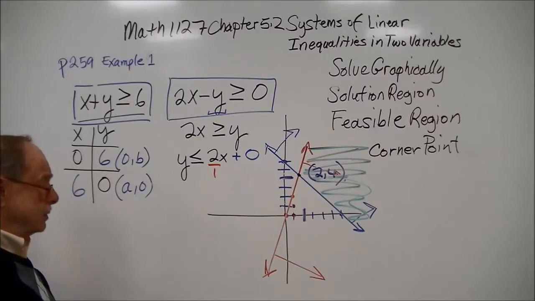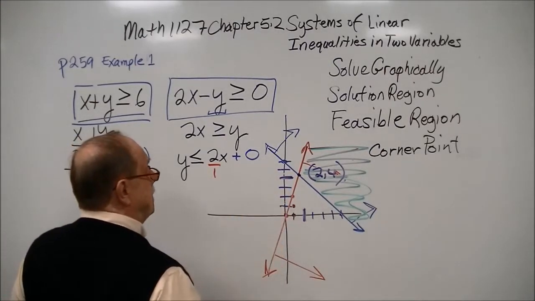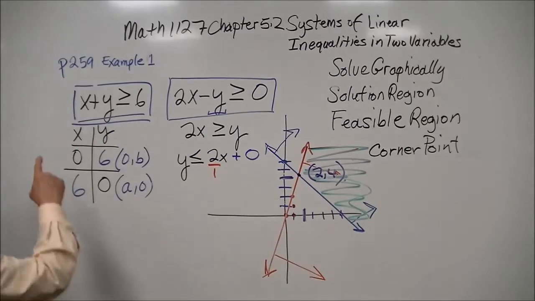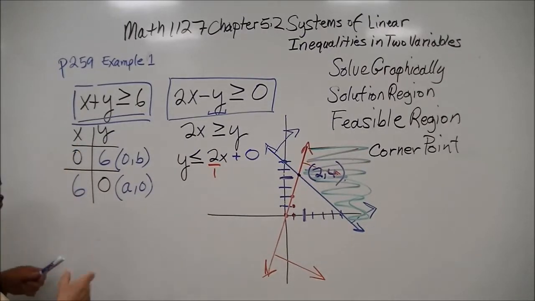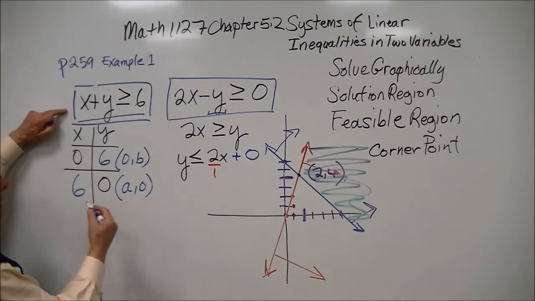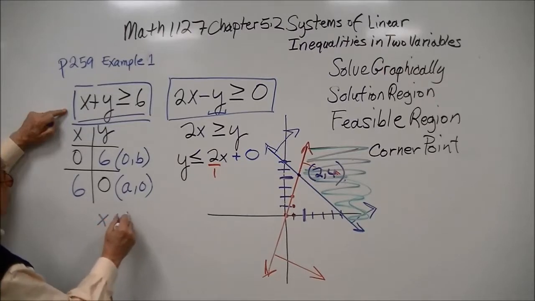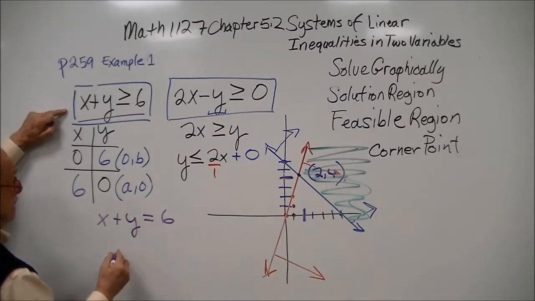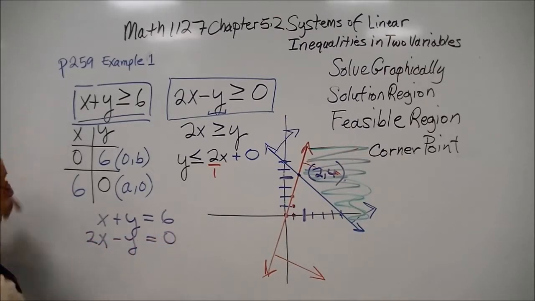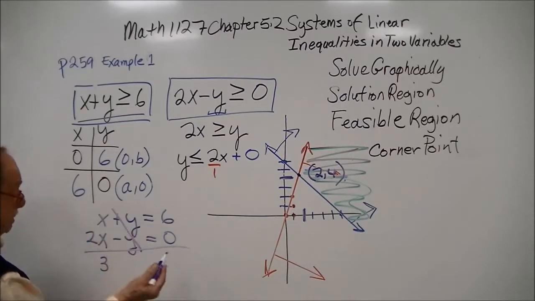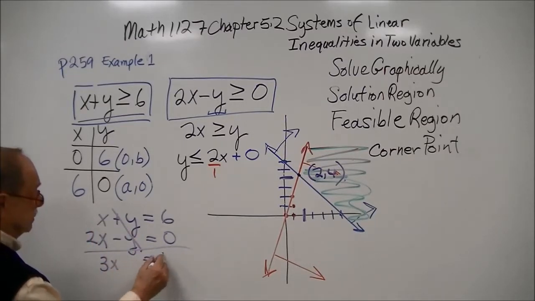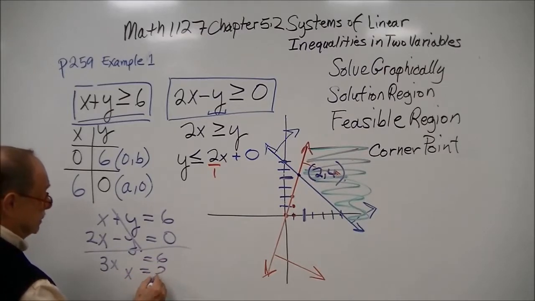Now you might say, how could you find the exact point? Well, you would then treat these as if they were equations, and you would set them up as we did in a previous lesson in standard form. X plus y equals 6. 2x minus y equals 0. Notice the y's cancel out, and you're left with 3, when you add them together by elimination, 3x equals 6, x equals 2.